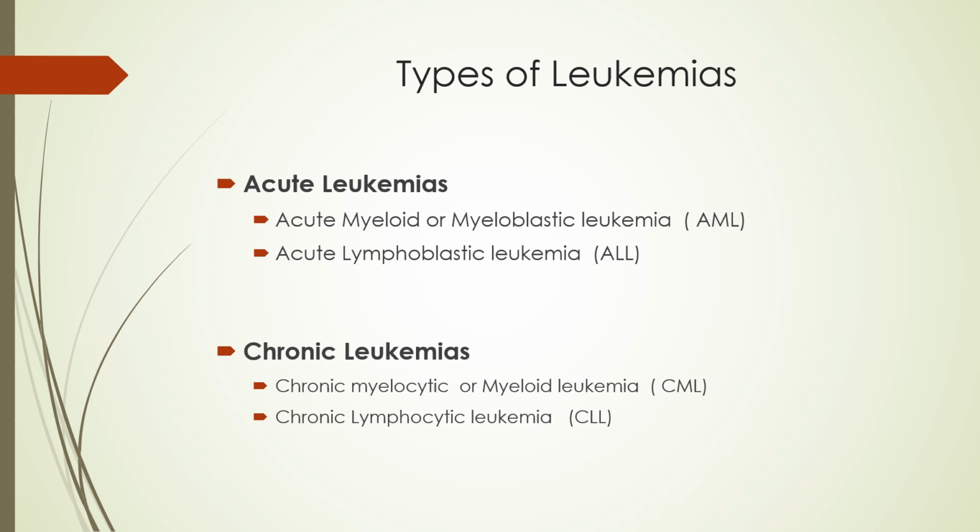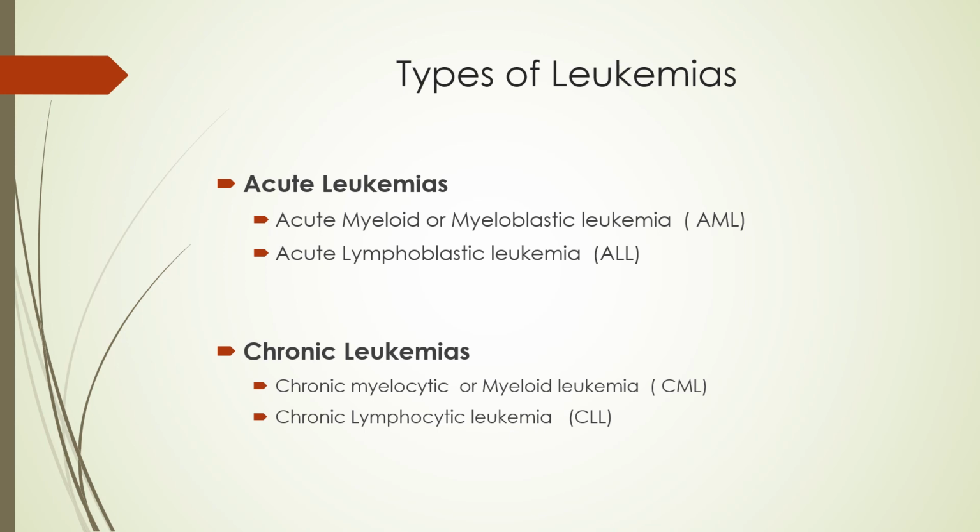The acute leukemias may be of two types according to the cell line. If the myeloid cell line is affected, it is called acute myeloid or myeloblastic leukemia, abbreviated as AML. If the lymphoid cell line is affected, it is called acute lymphoblastic leukemia or ALL. Just see the terms myeloid or myeloblastic in AML.